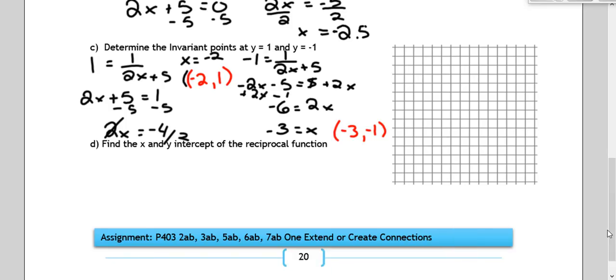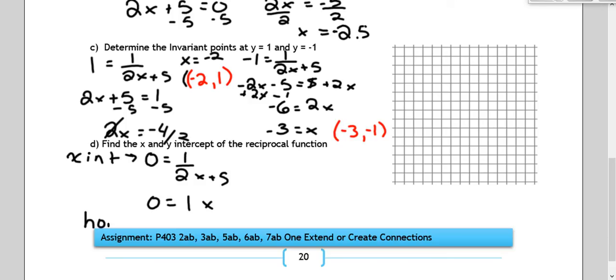Find the x and y intercept. Well, let's try. So x-intercept: if I say y needs to equal 0, we should see here that we get something that doesn't work. So that means we have a horizontal asymptote at y is equal to 0.